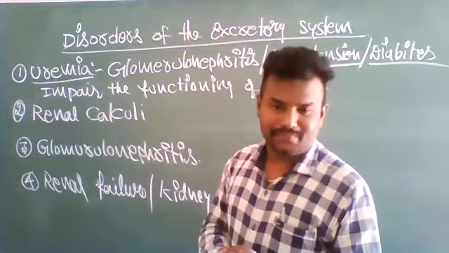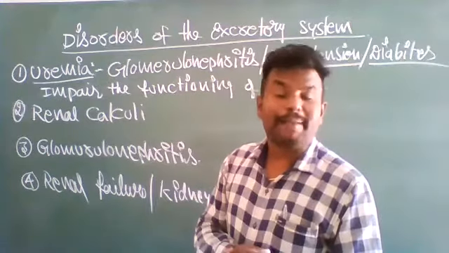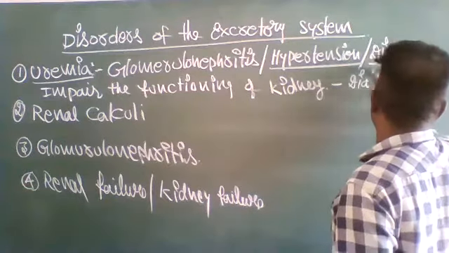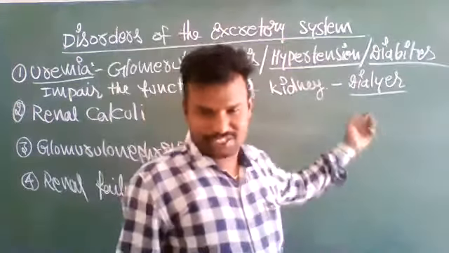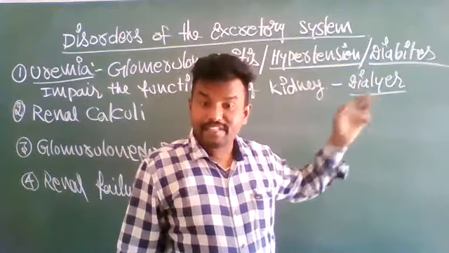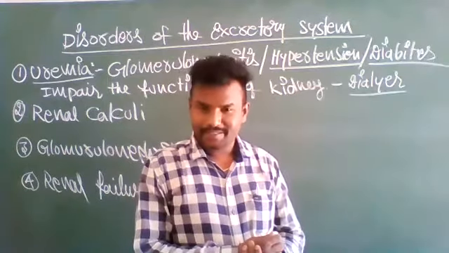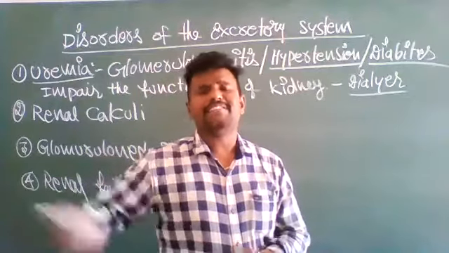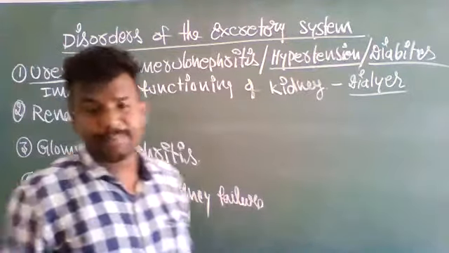In such cases, the patient's blood is filtered using a dialyzer machine and the urea is removed frequently. Then the body is in normal condition, or otherwise they will quickly die. That is uremia.